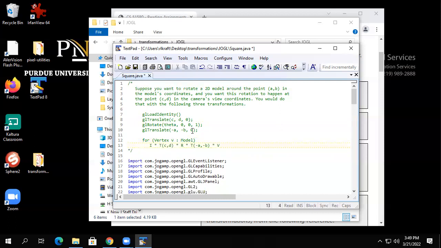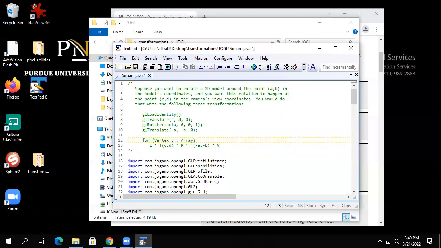All the vertices have been defined ahead of time. Or it could be for vertex V in array, for the vertices in something, so that you've already stored the vertices somewhere. So now you're going to iterate through the vertices and transform each vertex one at a time. The vertices were defined ahead of time.